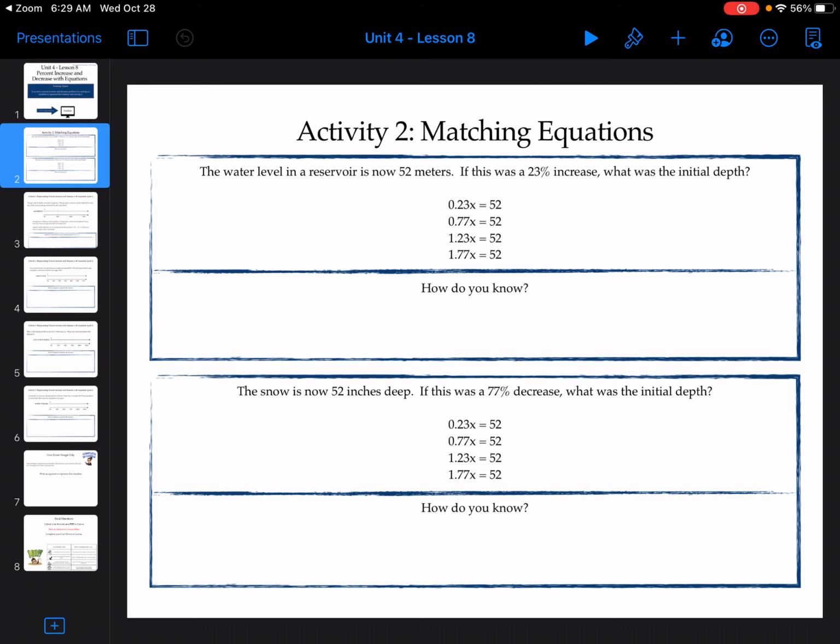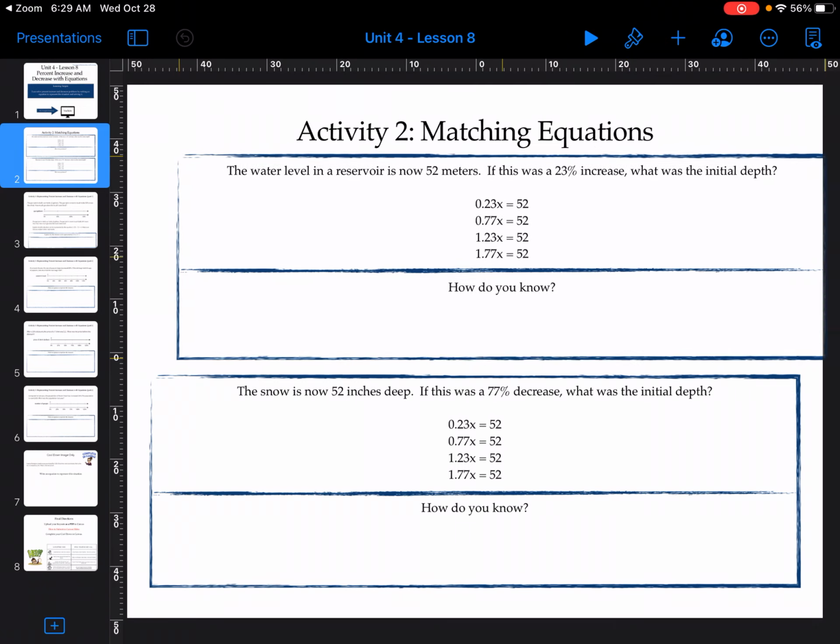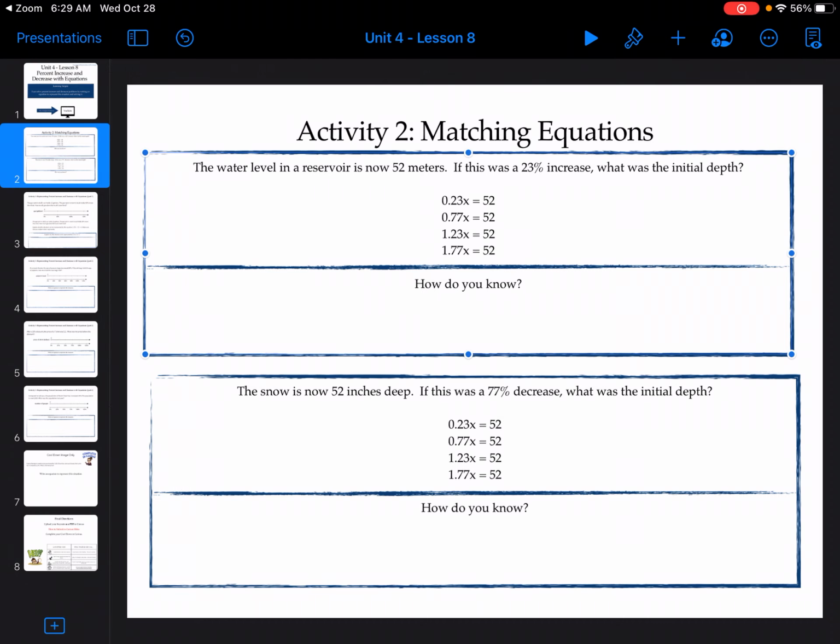Okay, so if we're going based off of yesterday's lesson, this would be 123, right? So that would give me 52.